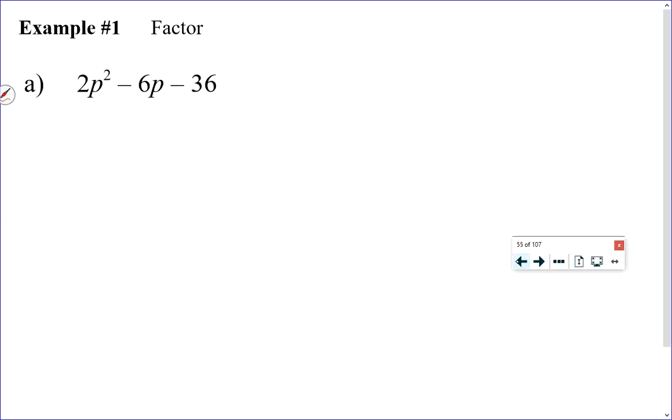All right, examples. Factor. Well, this is really childlike in its simplicity. We can take a 2 out. You've all had me as a math teacher before, so I don't need to remind you that if I make a mistake, you need to let me know. And I will.